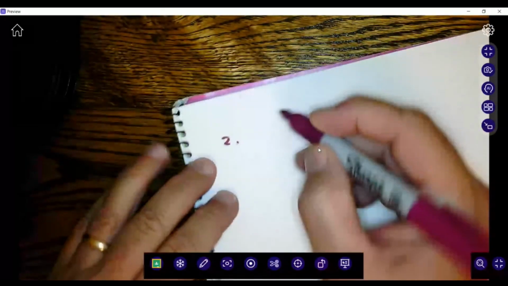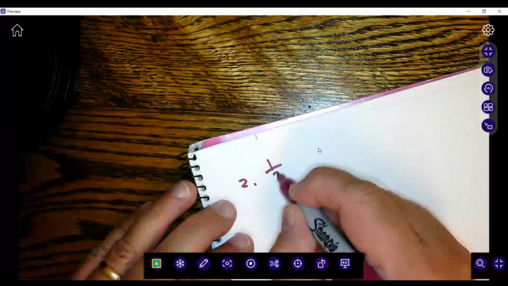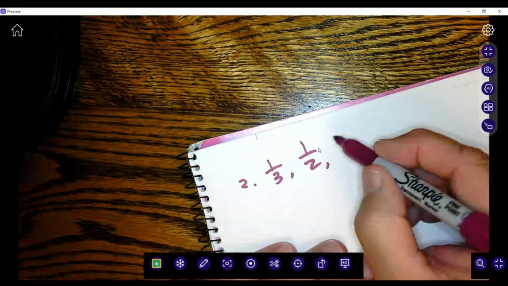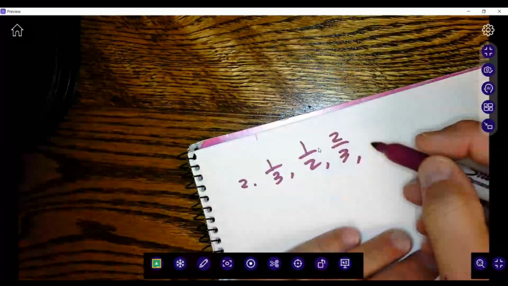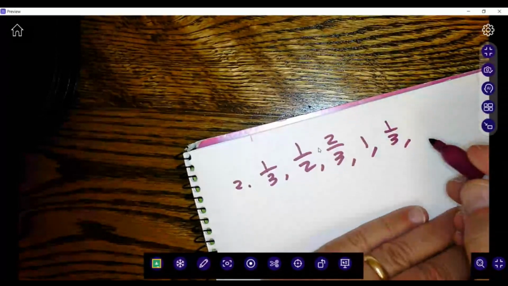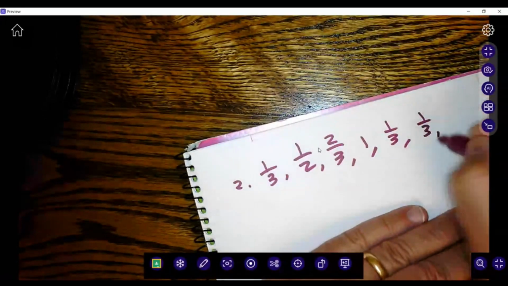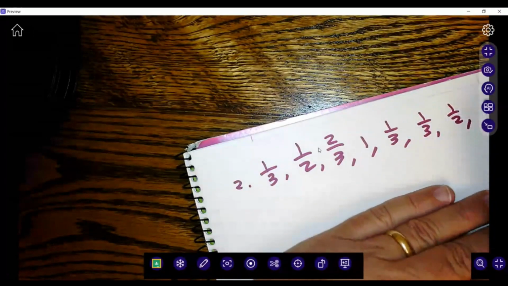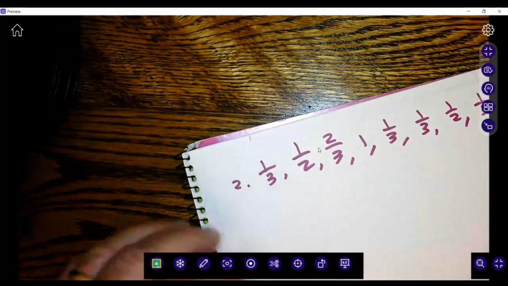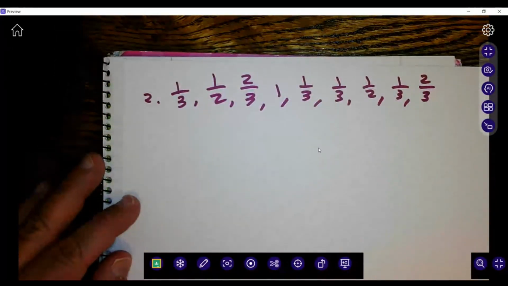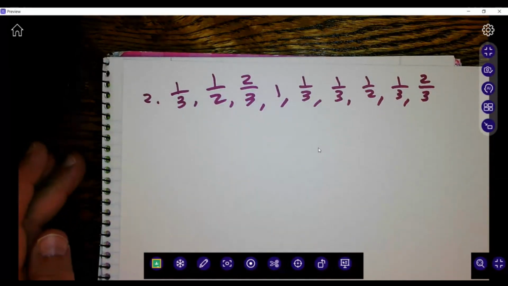So we're looking at number 2, and we have 1/3, 1/2, 2/3, 1, 1/3, 1/3, 1/2, 1/3, and 2/3.